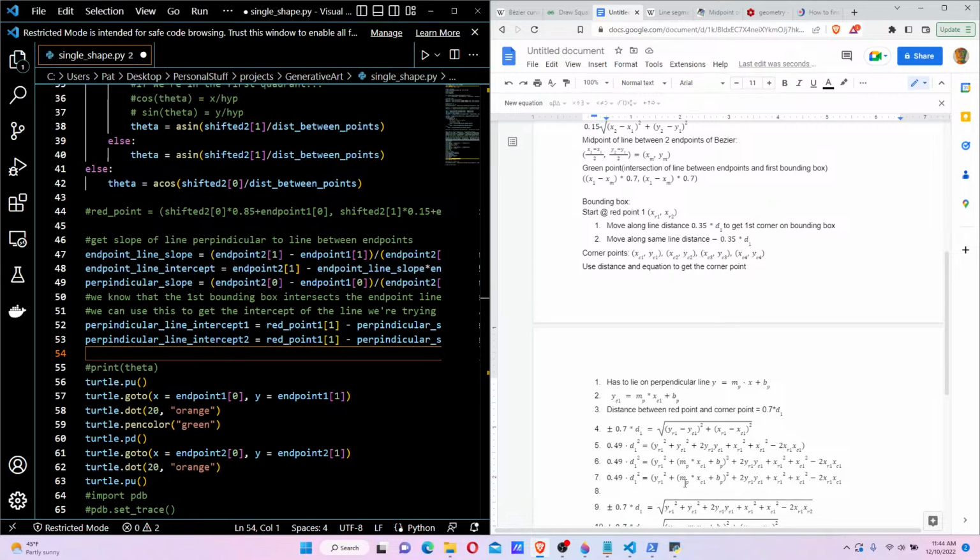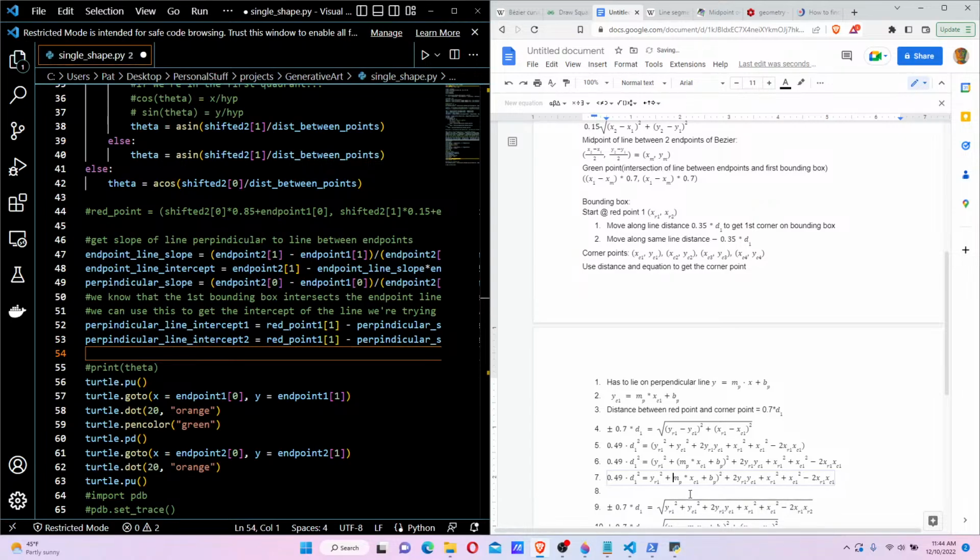So when we separate out this term, get rid of that parenthesis.